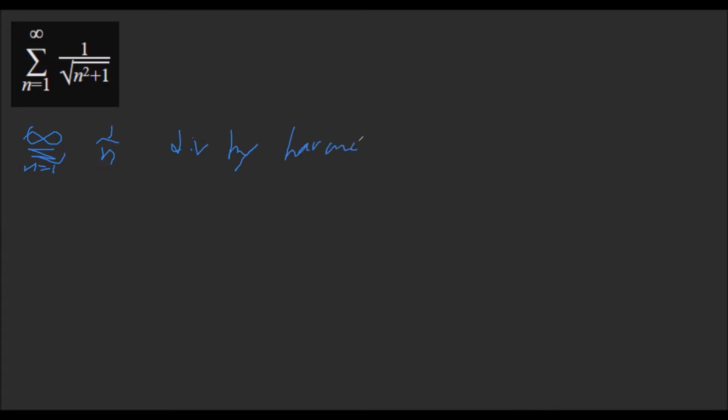Now, with the limit comparison test, we can find whether or not this diverges if the limit as n approaches infinity of a sub n over b sub n is positive and non-infinite. So let's do that.